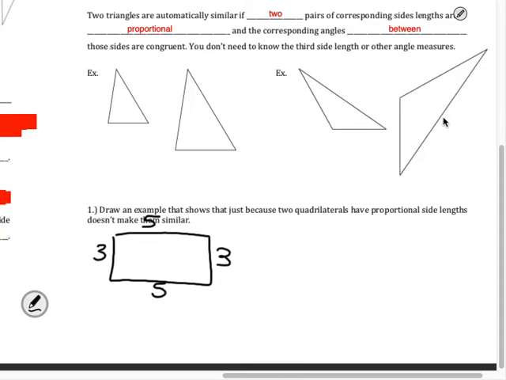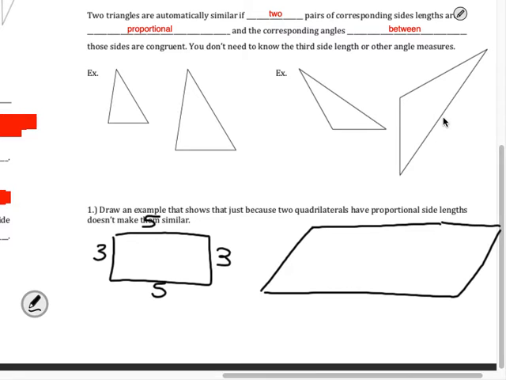If I have these sides, I could have a shape that's twice as big, and my sides could be proportional. I could say that this is 6, 10, 10, and 6. Sides are proportional, but are those angles the same? Definitely not. I have right angles over here, and I don't have them over here.